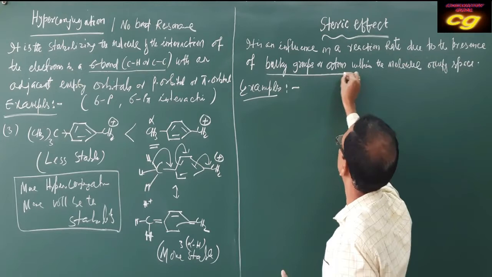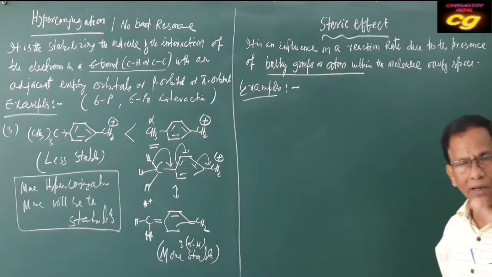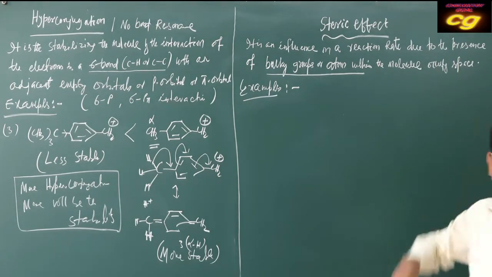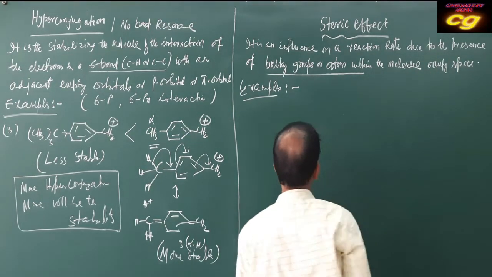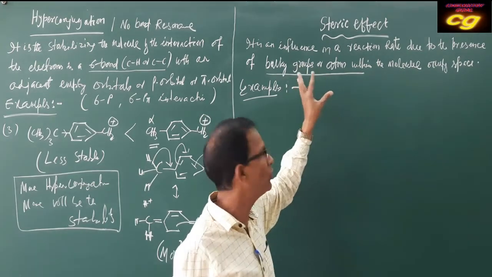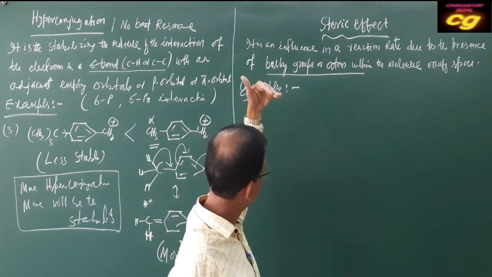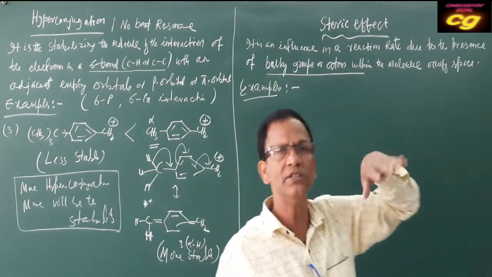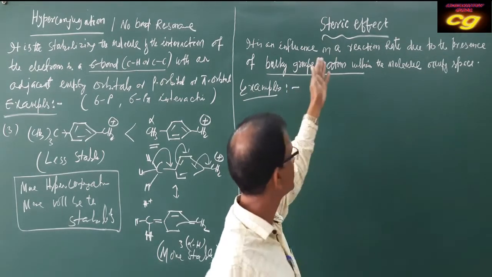This is very important. Bulky groups means large size atoms or groups where the molecule occupies space. Due to the presence of these bulky groups, the reaction rate changes. That is called the steric effect.